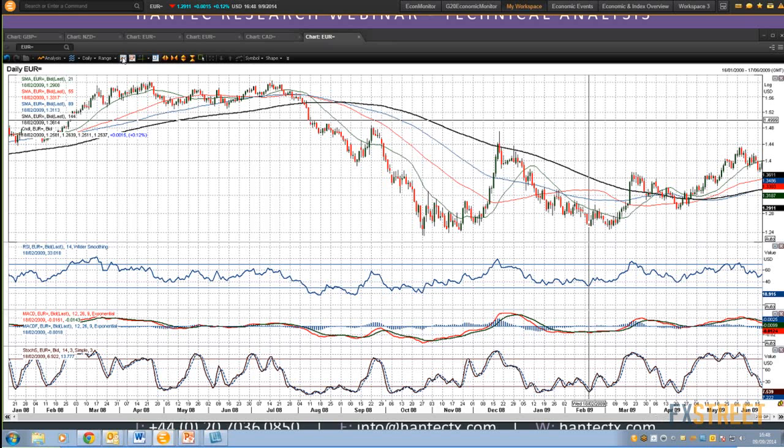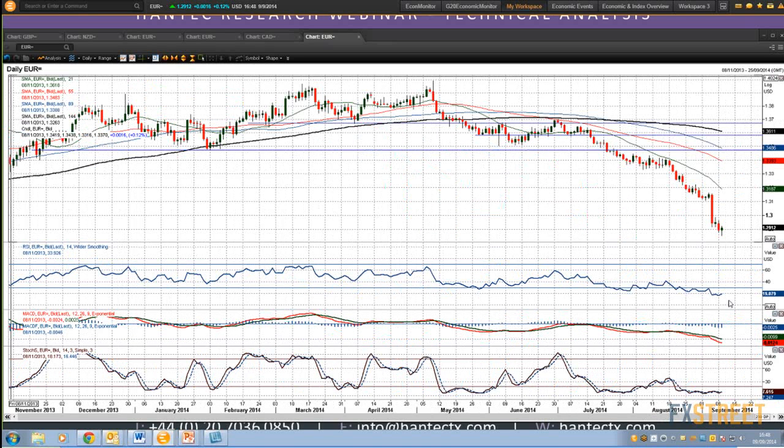You're nowhere near it at the moment because all these indicators are still deeply oversold. Look at these stochastics and MACD lines, nowhere near having any sort of crossover or divergence or anything. So at the moment you're looking pretty negative still.